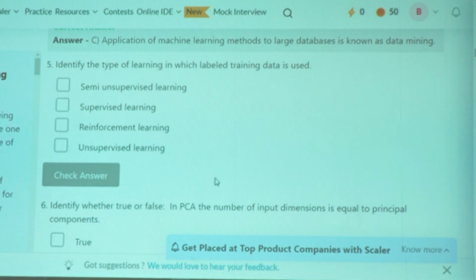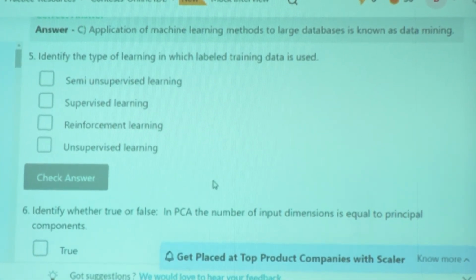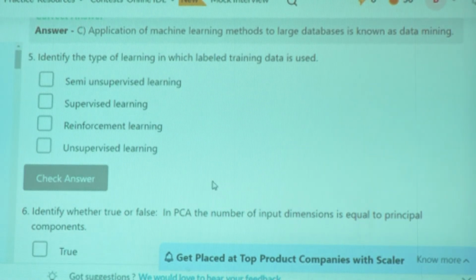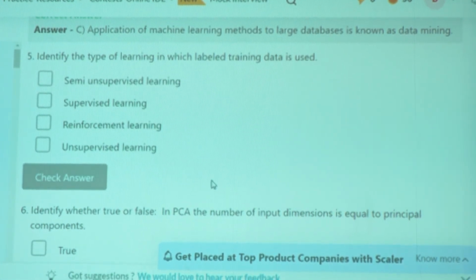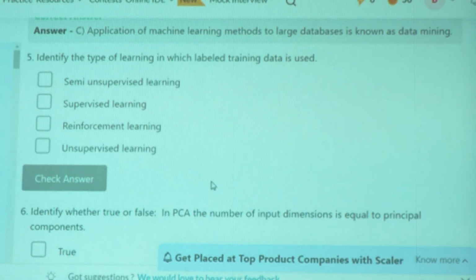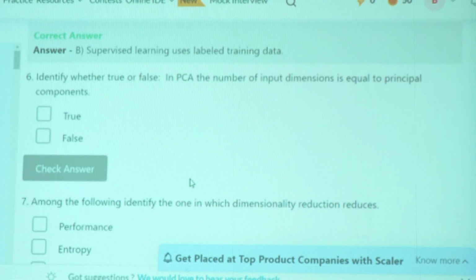Next. How many of you agree with reinforcement? How many of you agree with unsupervised? How many of you agree with supervised? Okay. PCA.